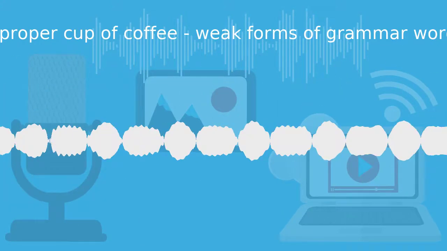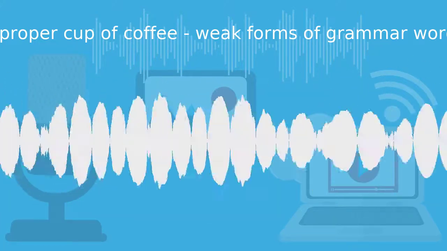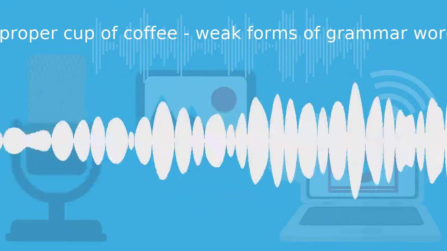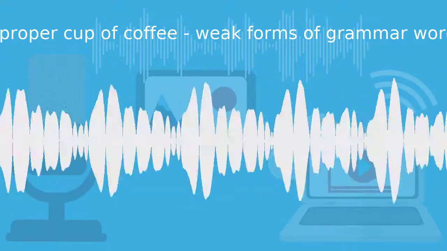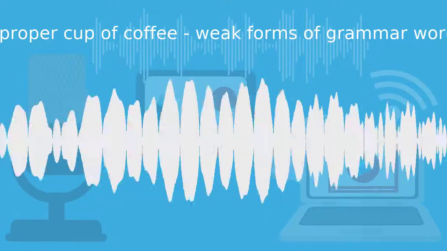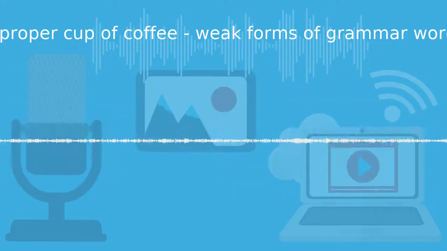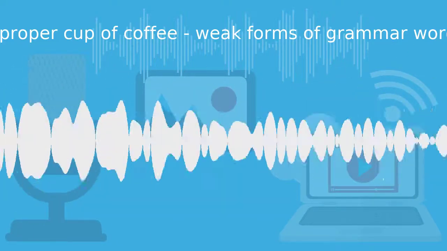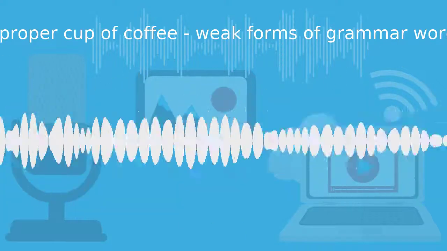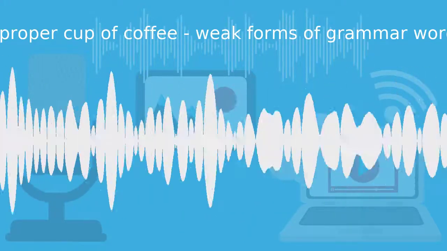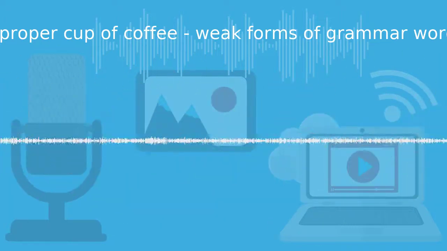So I've been talking about grammar words, and in order to describe what these are, it's most useful to contrast them with what we call content words. These content words are the words, most often nouns, verbs, adjectives, and adverbs, which carry the key meaning in a sentence. For example, in the tongue twister, a proper cup of coffee in a copper coffee pot, the content words are proper, cup, coffee, copper, coffee, and pot.